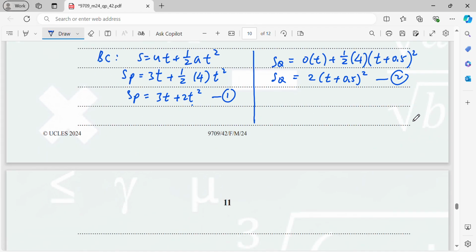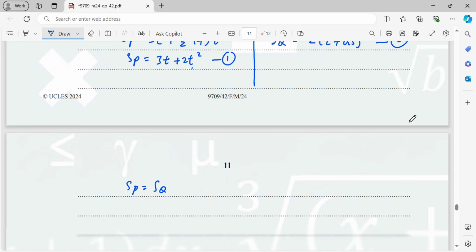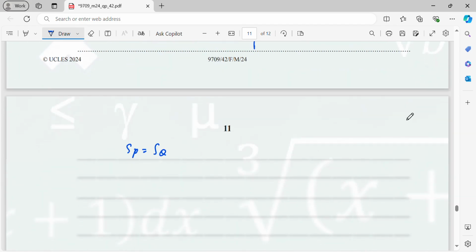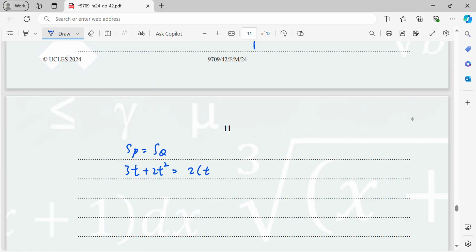So when they collide means that SP equals to SQ. So then just need to solve these two simultaneous equations. Okay, so just do expansion.